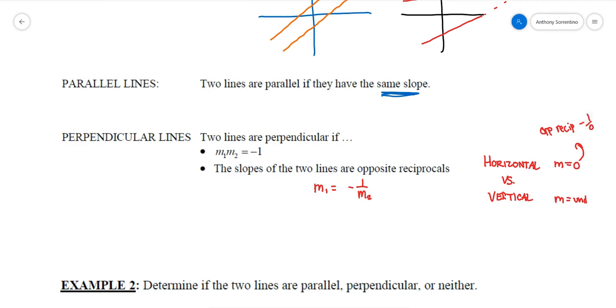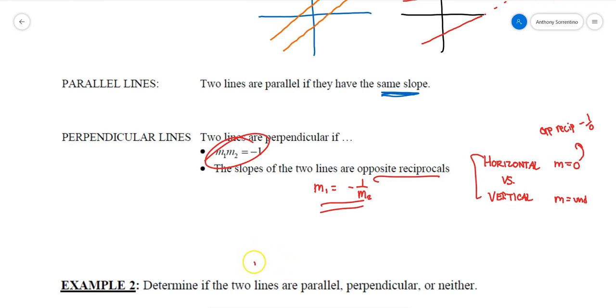That's just another way of expressing it. So keep in mind that this is the same, but most of the time we look at opposite reciprocals. We look at this formula to determine if they're in fact parallel or perpendicular. Same slope is parallel, opposite reciprocal slopes are perpendicular.